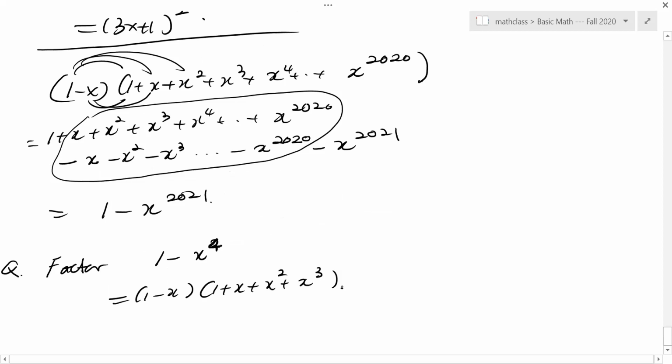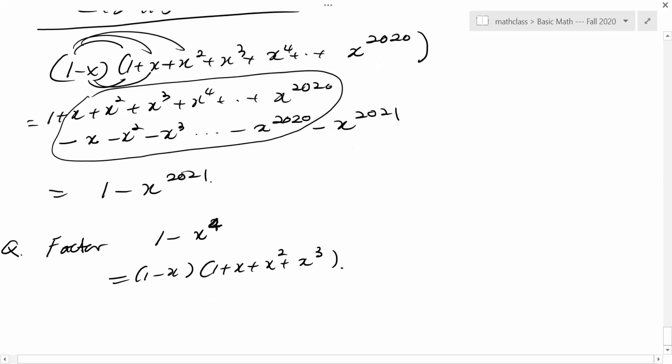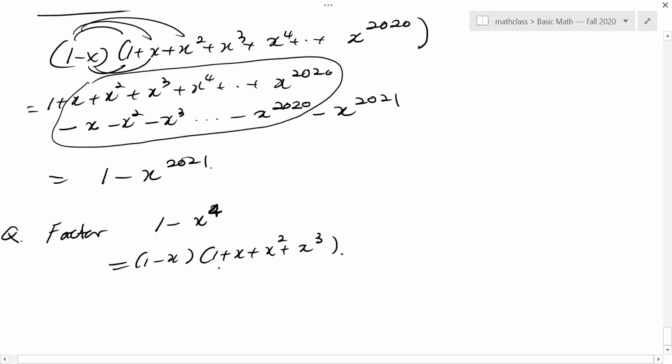But if you multiply this out, you will get 1 minus x to the fourth power. Now, can you continue to factor this?